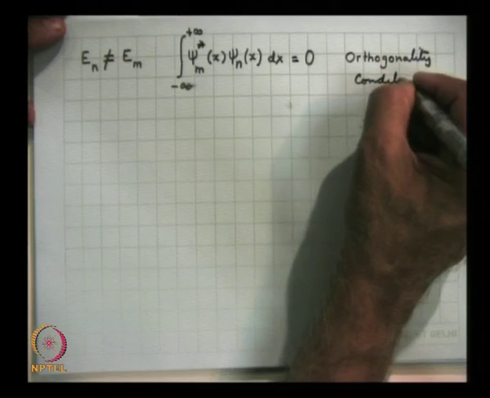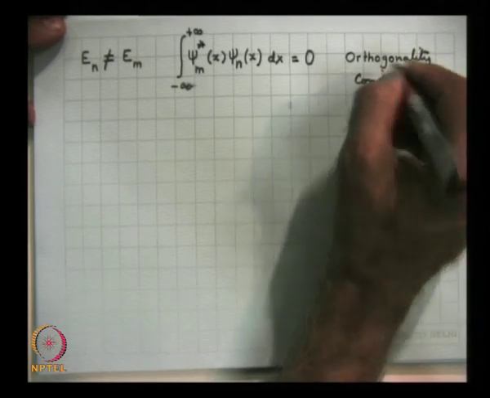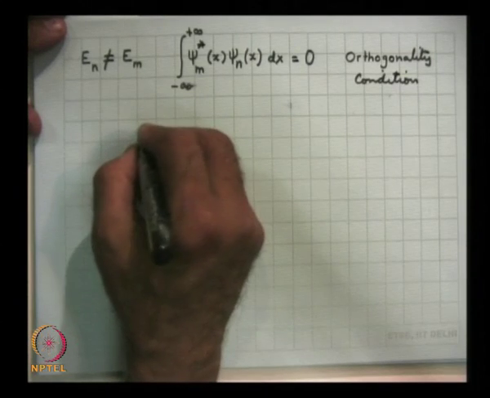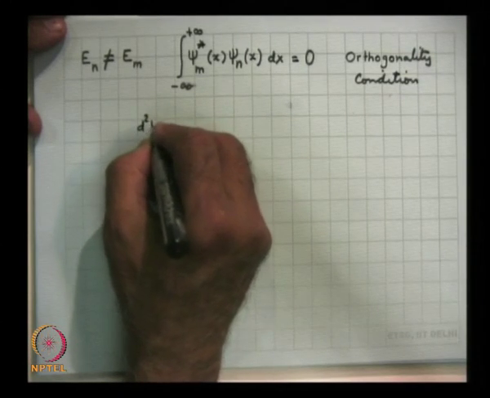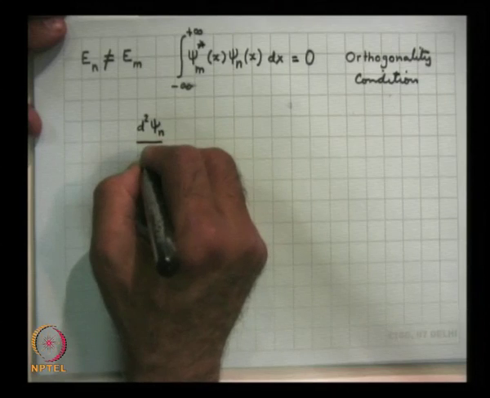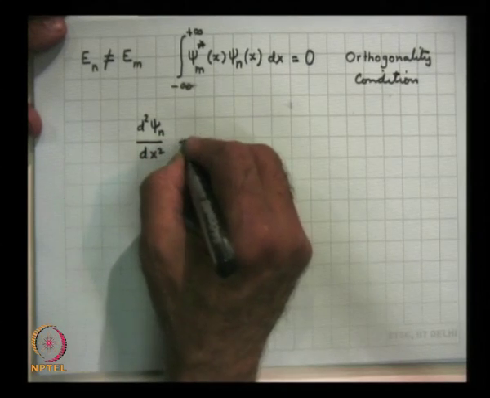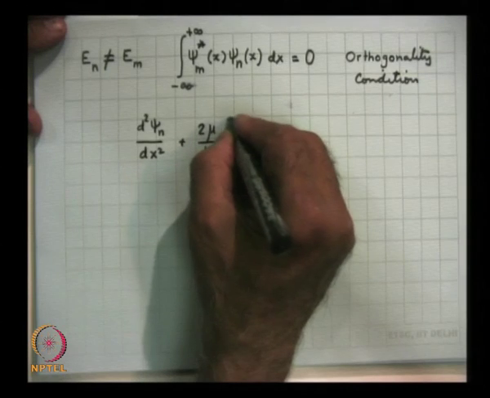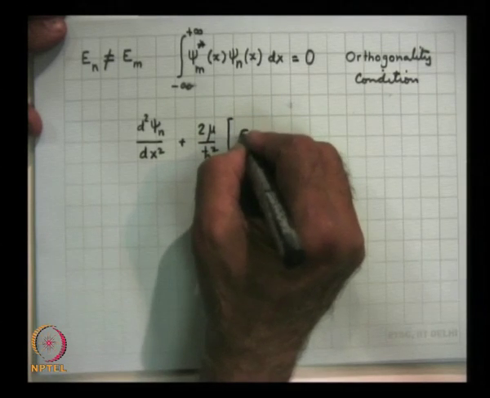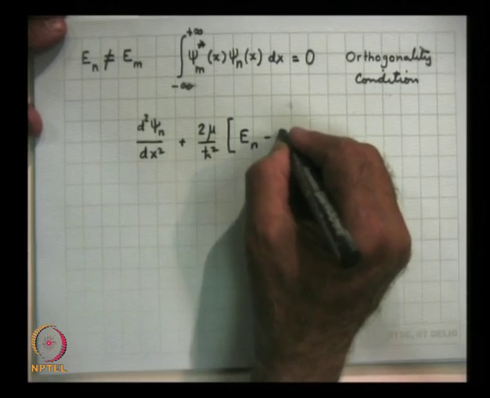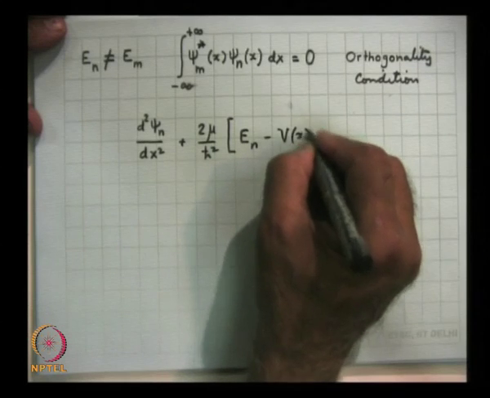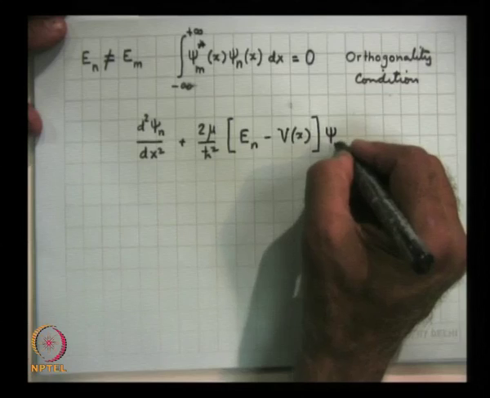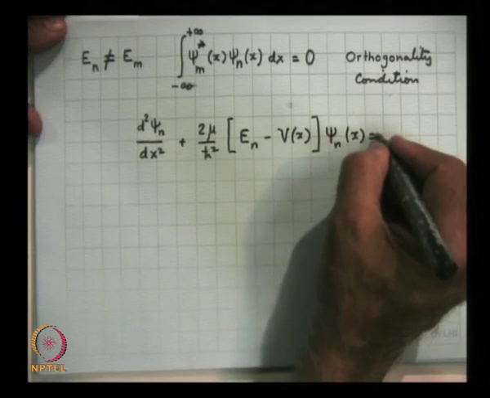Now, the proof is very simple. We write the Schrodinger equation for the nth state: d2 psi n by dx square plus 2 mu by h cross square, where mu is the mass of the particle, times E n minus v of x, times psi n of x is equal to 0.